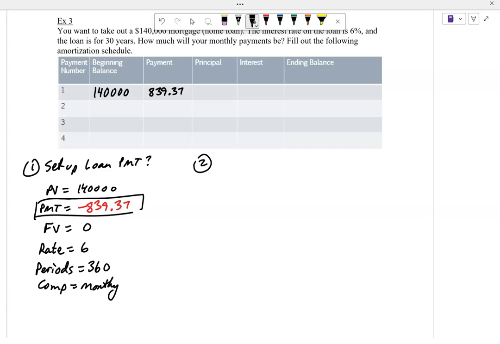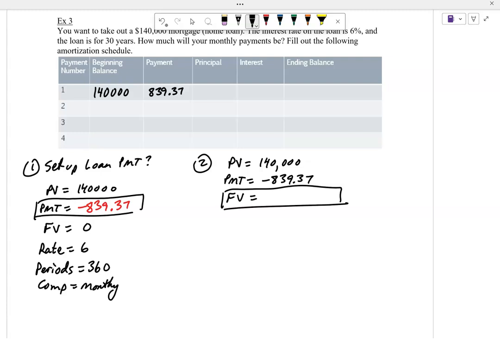On step two, to get my ending balance, I'm starting out with $140,000, making a payment of $839.37, and what would my future value be if I make one payment? I'm not making all 360, I'm just making one payment.